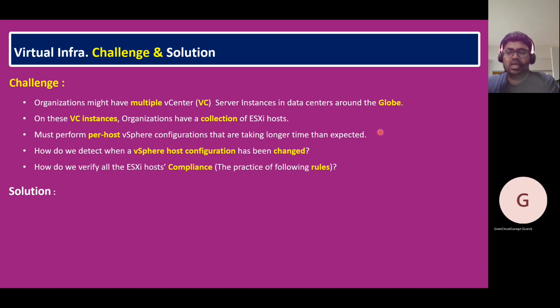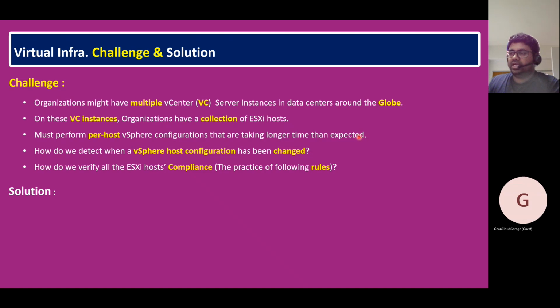If it is taking on average 1 hour to configure an ESX host, for 4 ESX hosts it will take 4 hours. And if you have 400 plus ESX hosts, we have to count like 400 hours. So we have to put so much time to configure all ESXi hosts. So that is one of the customer's challenges in virtual infrastructure.